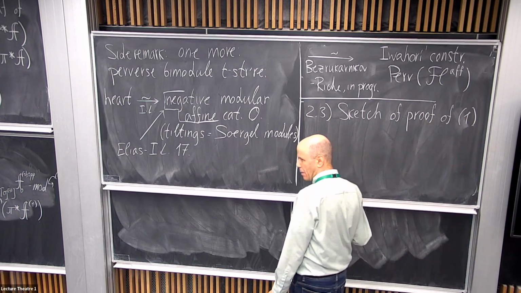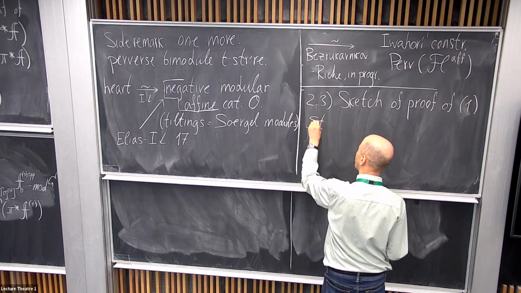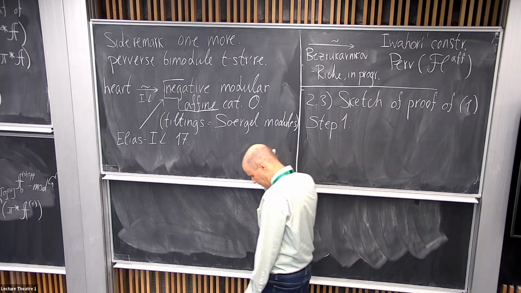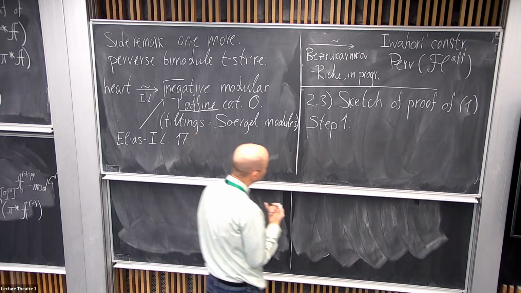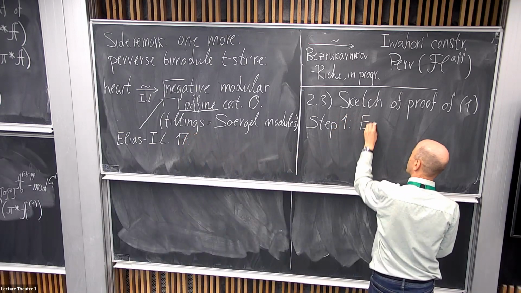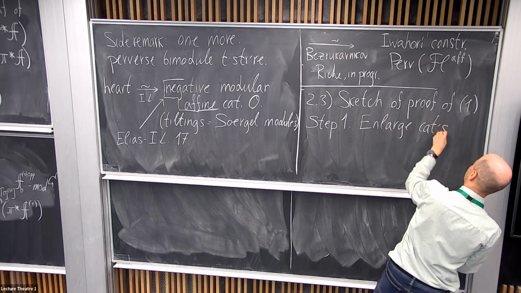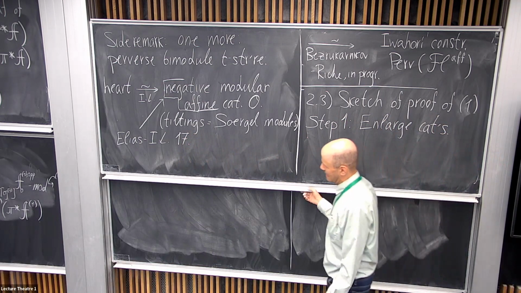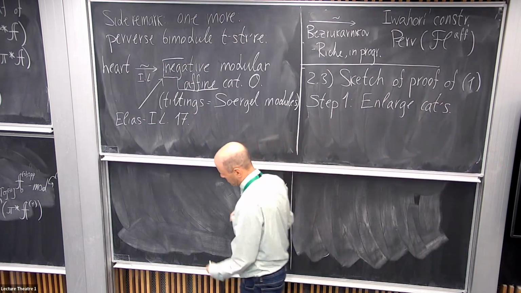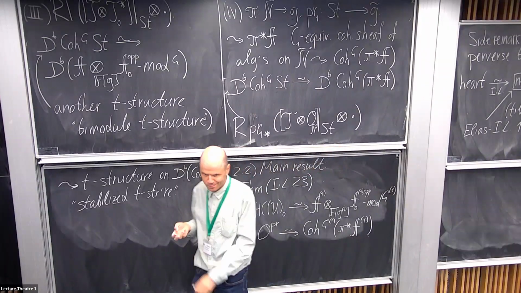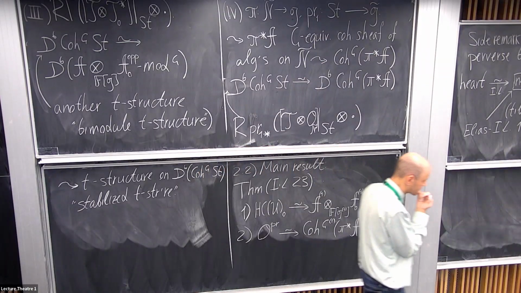Right, so the first step that you want to do, you want to enlarge your categories, which means include them as full subcategories into something. So let me explain what the something is.